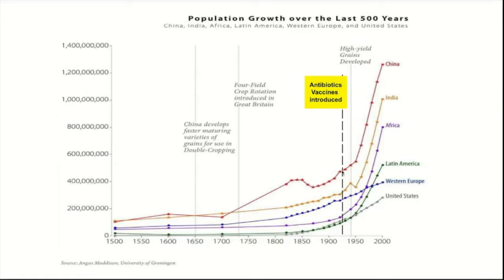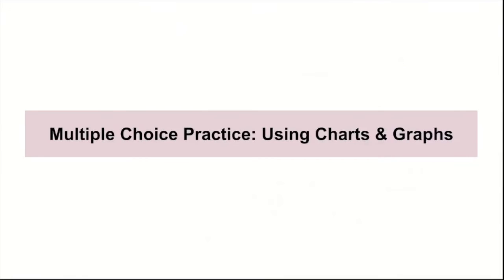And those two lines, it's almost a skyrocket in population growth over the last 500 years. Once you hit the antibiotics and vaccines and the high yield grains developed, look how the population in these major countries skyrockets, right? And you can see that each graph or chart tells a story that's associated with historical developments. And those are the connections you need to make.